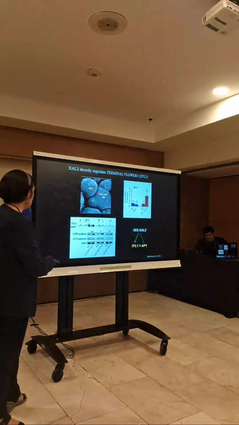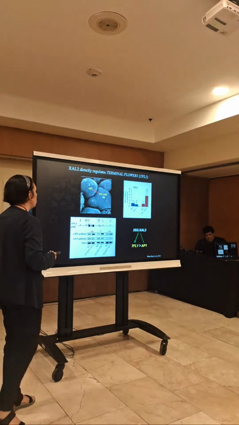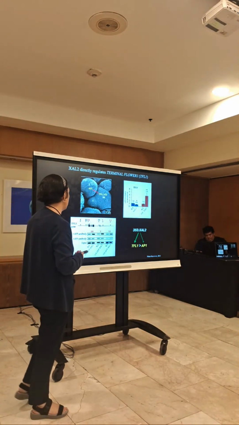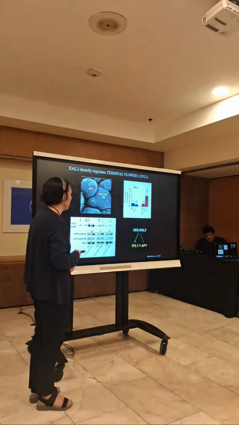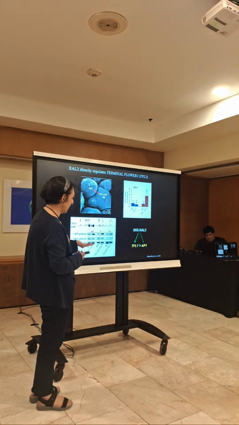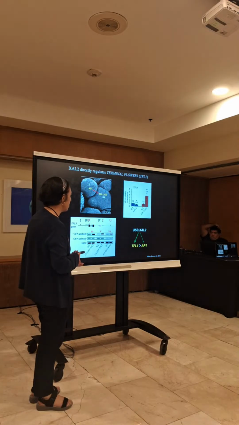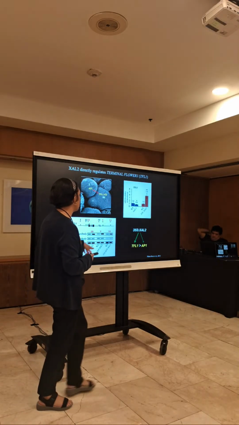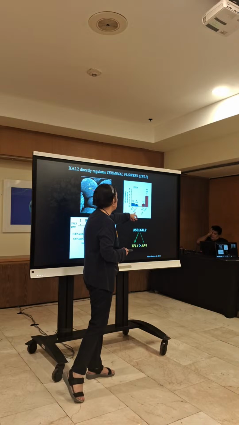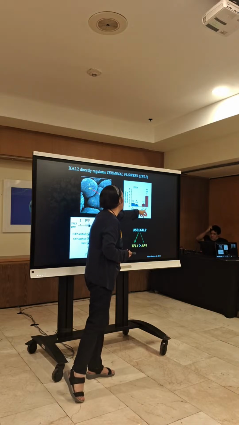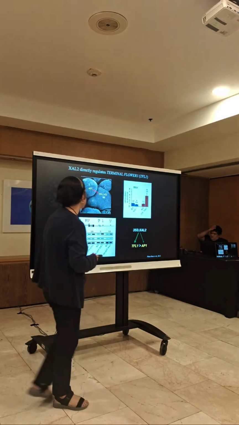So to explain that, we felt that the plant should be inducing TFL1 because it gives the inflorescence meristem identity, and that was the case. Here you can see that in the mutant it is down-regulated, and in the overexpression line it is up-regulated.